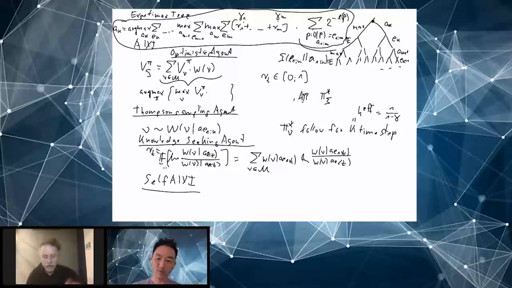Thompson sampling and IXE are different choices, and the knowledge-seeking agent solves a different problem, namely where do the rewards come from, and self-IXE tries to avoid the expectimax. Okay, let's just leave it at that as the summary.